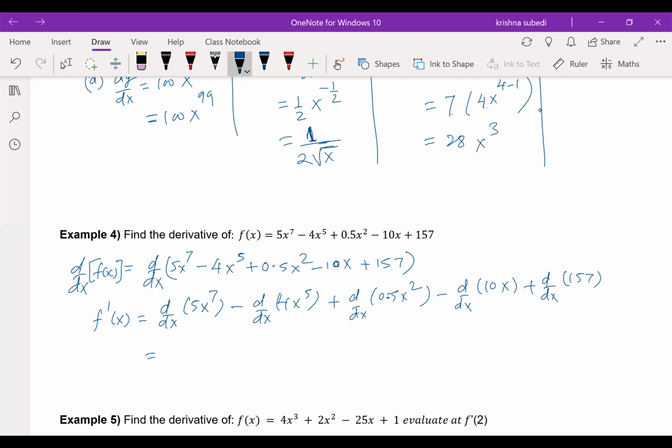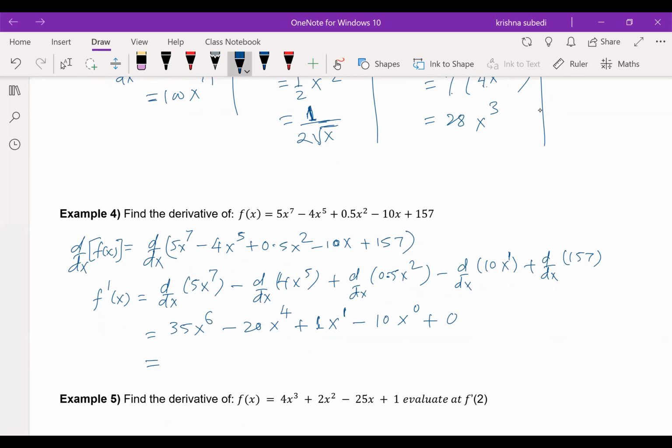So using the power rule and the constant times function rule, you're going to get 7 times 5 is 35x raised to power 6, minus 5 times 4 is 20, x raised to power 4, plus this will be 1, x raised to power 2 minus 1 is x power 1, minus, as you know, this will be 10 times 1 is 10, x power 0, plus the derivative of a constant is 0.